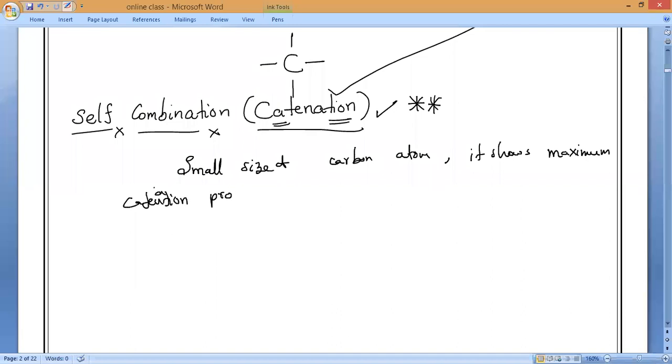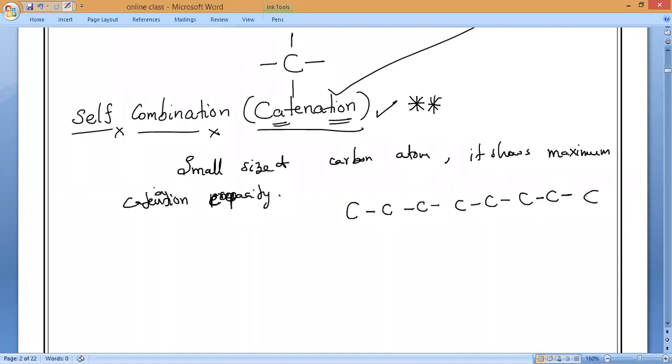What do you mean by this? It means that if carbon does not have any other metal or any other element, then by itself it will form long chains. That is what the property is called.